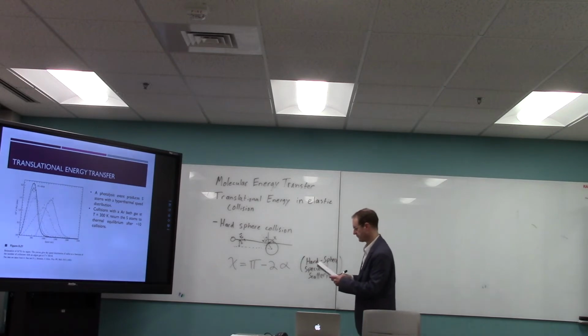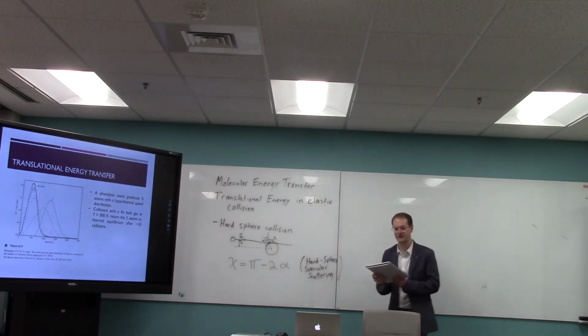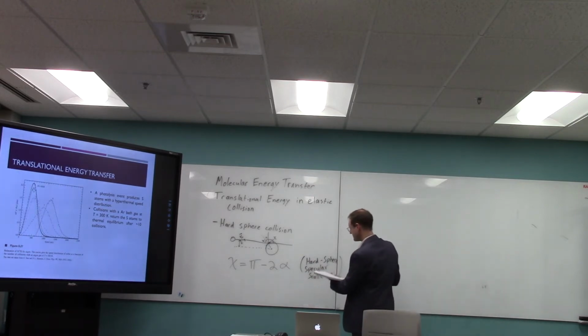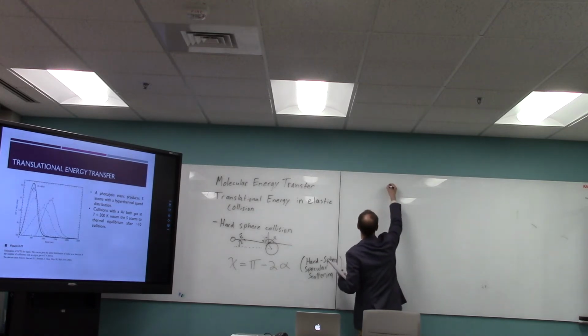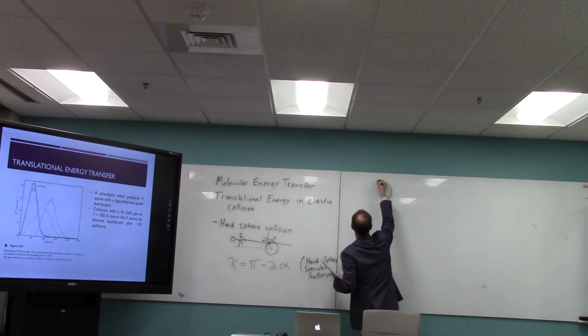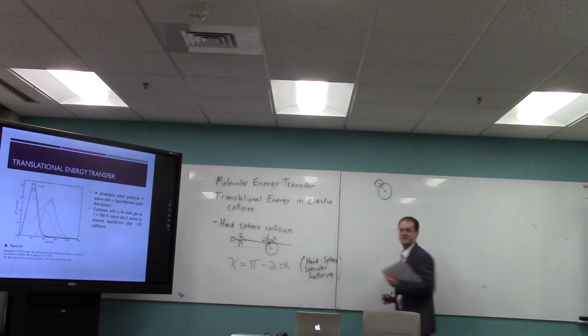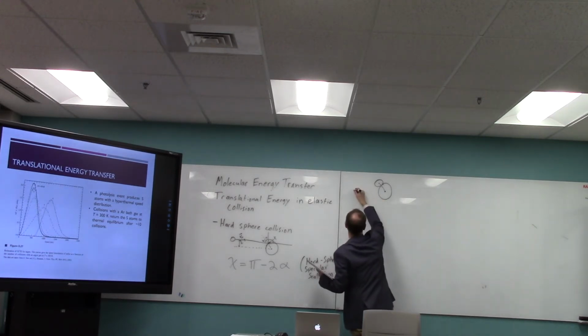And so, what is this angle alpha? Well, we can write that in terms of the impact parameter. If you draw another picture showing what these spheres look like at the moment when they collide, you have, again, a dotted line connecting the centers of the two spheres.